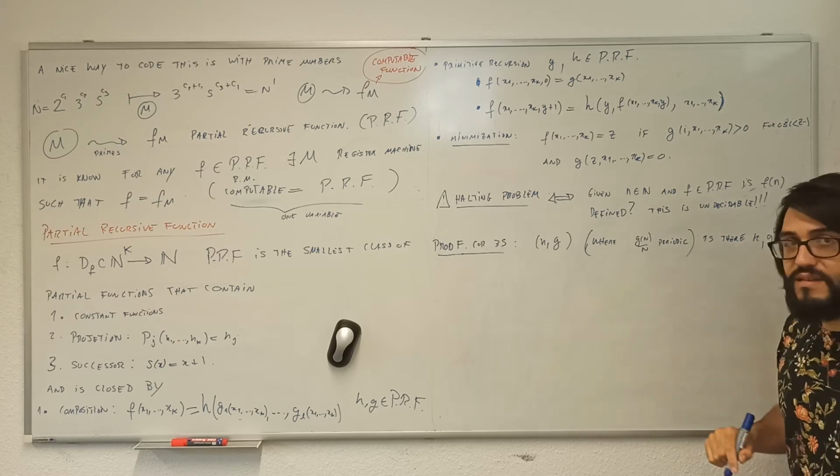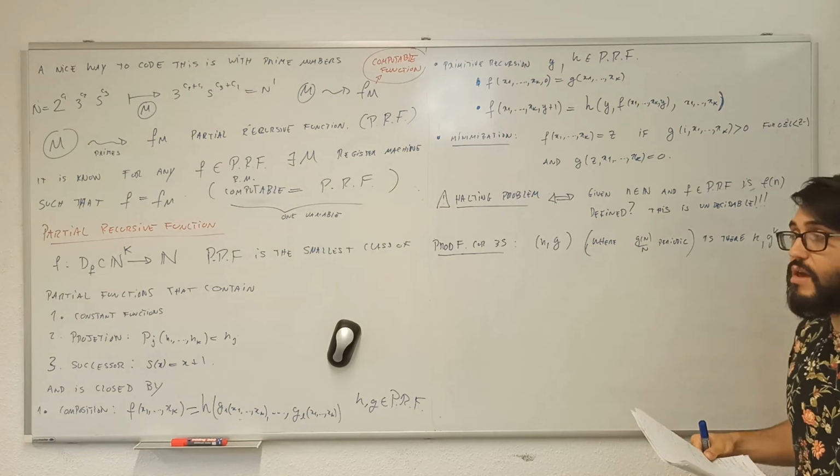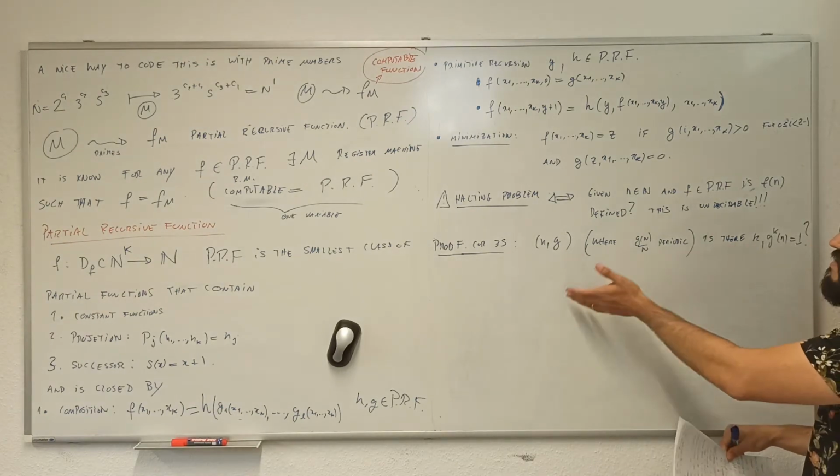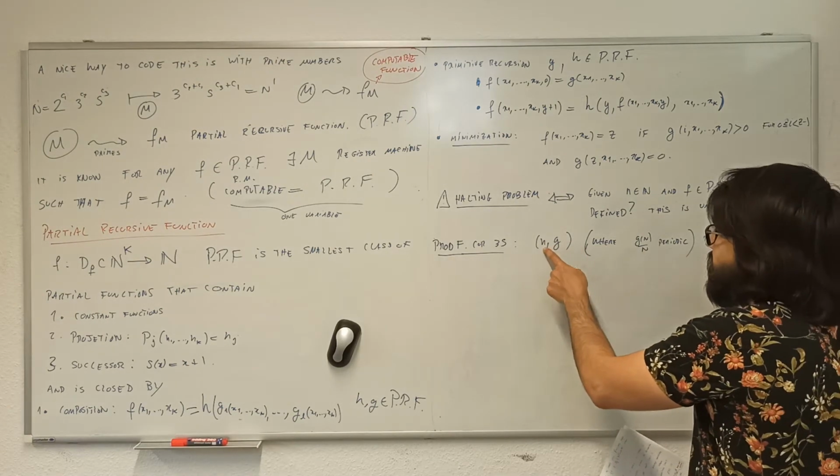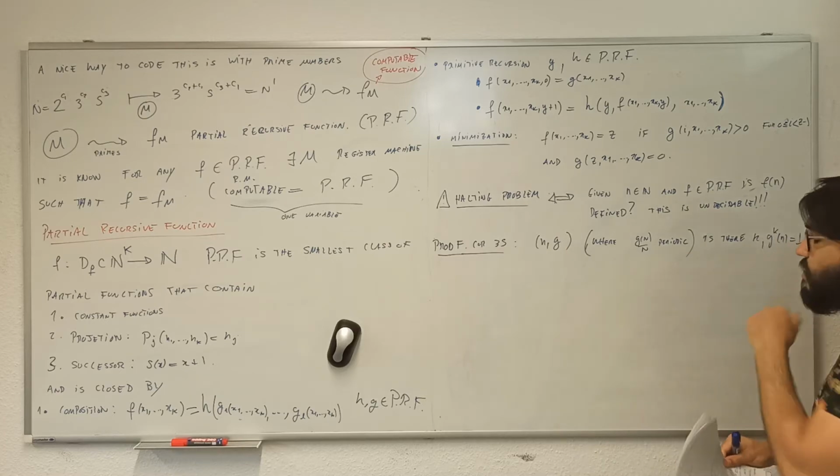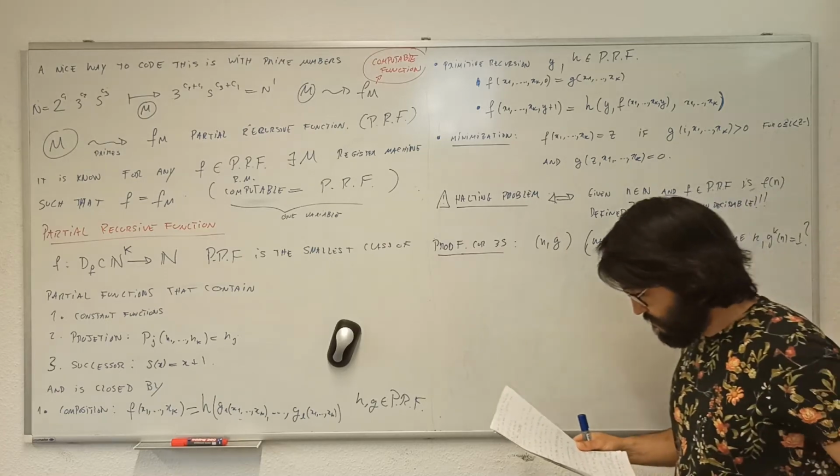I want to prove that this is undecidable. There is no algorithm deciding, given G and N, if we eventually get to 1 or not.